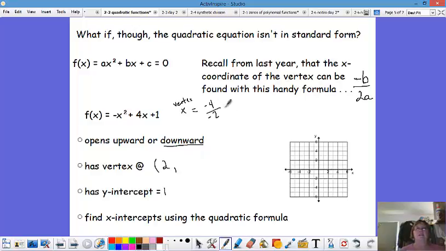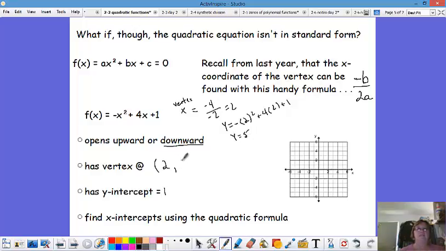To find the y-coordinate, well, we want to plug x of 2 into this equation and grind out a y. So y will equal the opposite of 2 squared plus 4 times 2 plus 1, and that is 4 but negative. So negative 4 plus 8, that puts us at 4. 4 plus 1, 5. Y is 5.